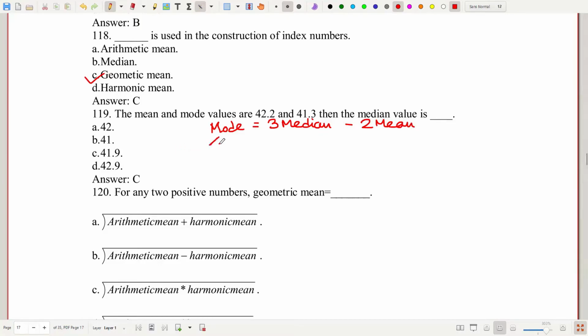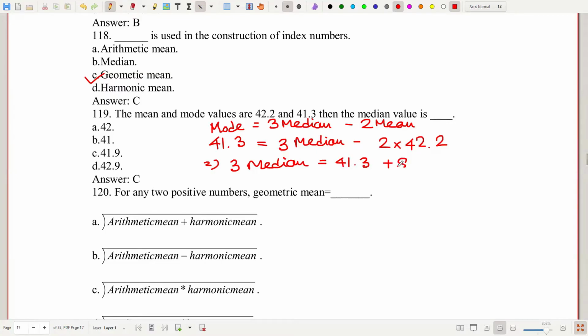So we can say that 41.3 is equal to 3 median minus 2 into 42.2, or we have 3 median is equal to 41.3 plus 84.4, or 125.7, or median is obviously 125.7 upon 3, or that is 41.9.